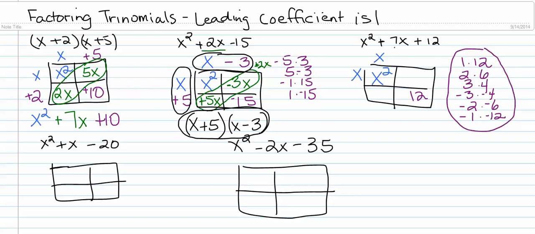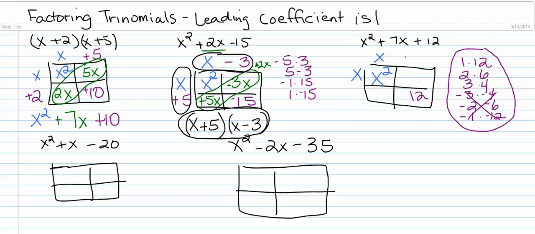I want to choose the combination that I know is going to guarantee that I'm going to get a positive 7. So these combinations I don't think are going to give me a positive 7 when I combine. So I'm going to stick to the ones on the top that when I add together will give me a positive combination. And I'm going to choose the 3 and the 4.